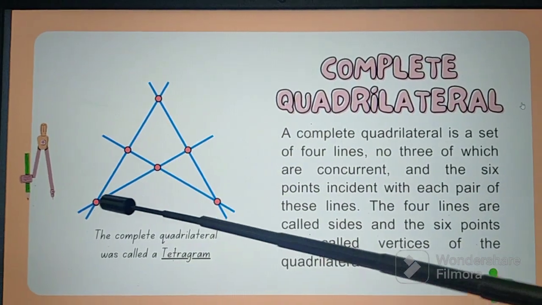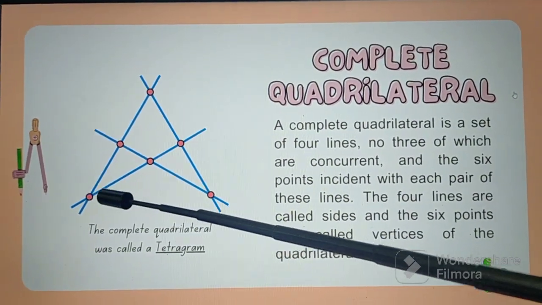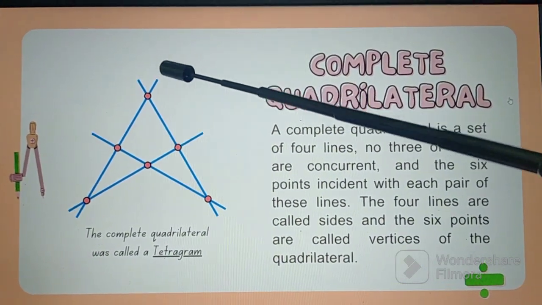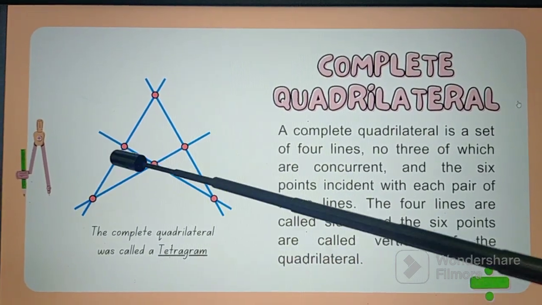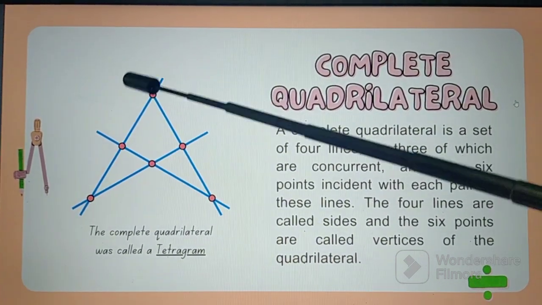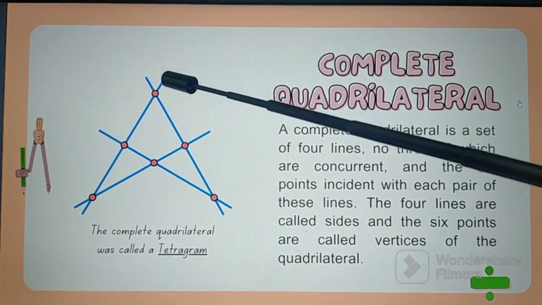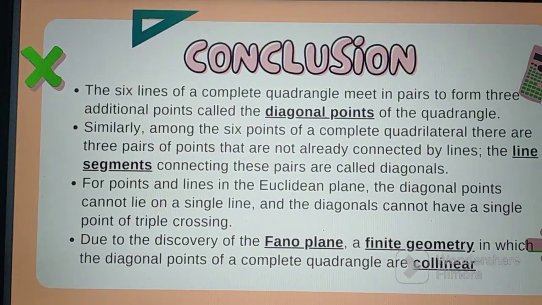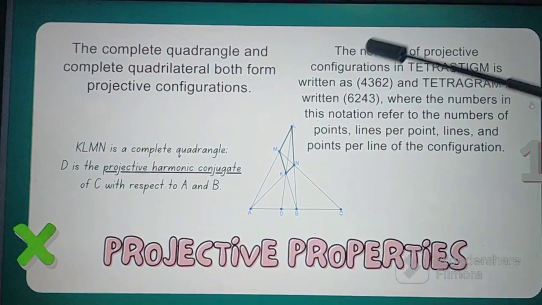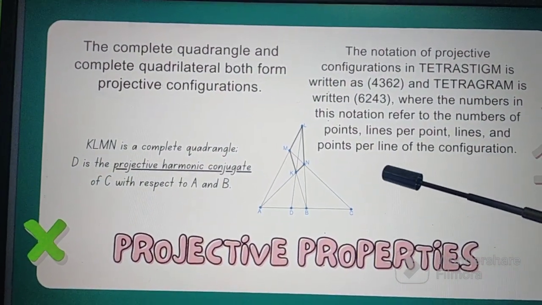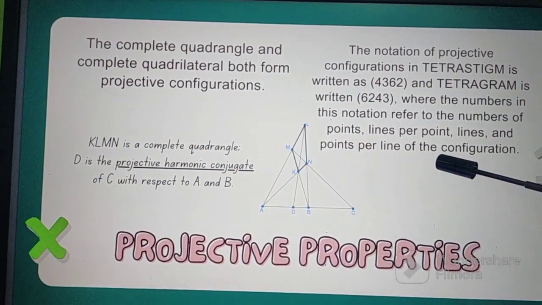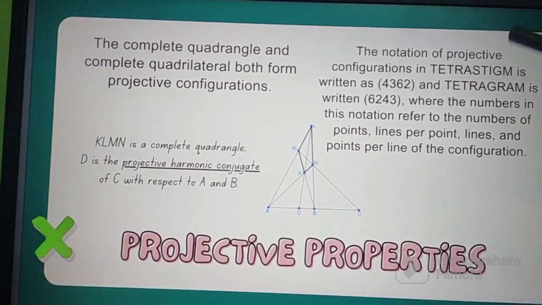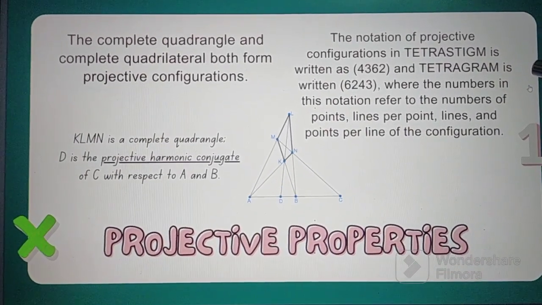Each of those lines has 3 points. So line 1, we have point 1, point 2, point 3. Line 2, there are 3 points, and here also, and here. So those are the notations, or the projective configurations, of the two figures.